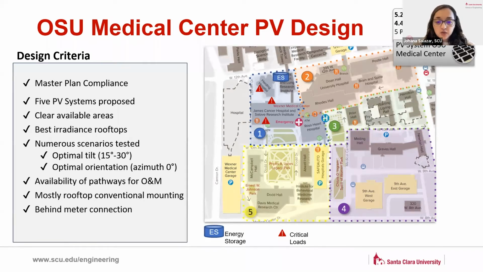For all of those, we analyzed several technical parameters such as the tilt, the orientation and the row spacing to try to get the most energy generation available for those rooftops. And we also designed pathways in order to provide maintenance capabilities as well.